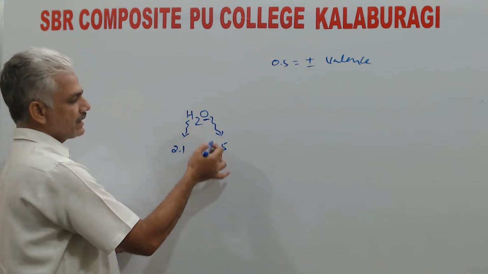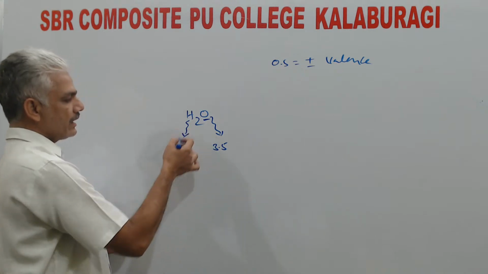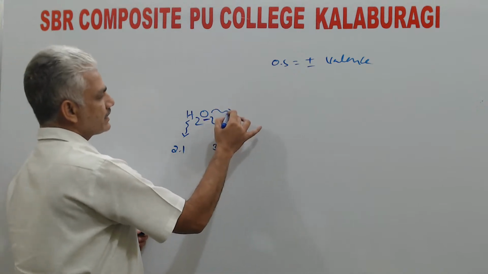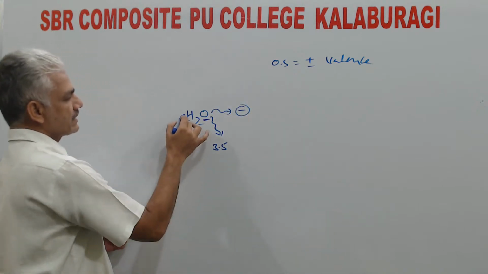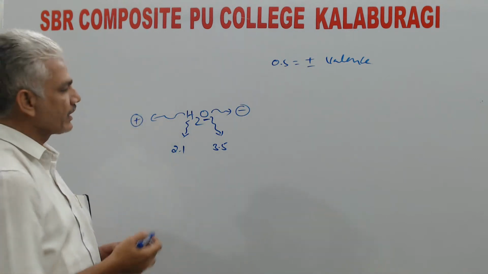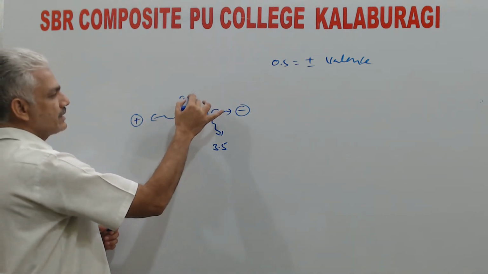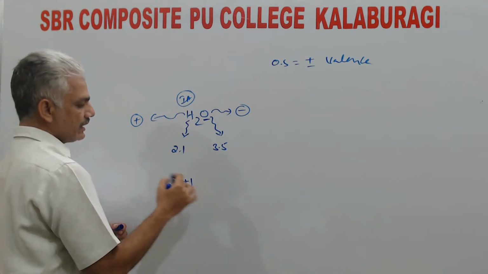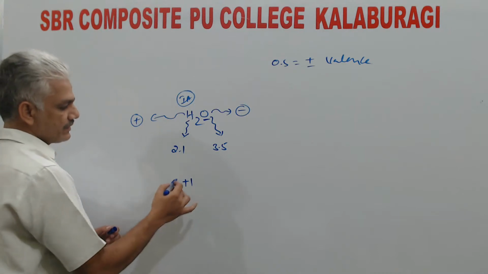That means oxygen has a higher electronegativity and hydrogen has a lower electronegativity. Therefore, oxygen will have a negative oxidation state, while hydrogen will have a positive oxidation state. Hydrogen belongs to first A group, therefore each hydrogen will carry plus 1 unit of charge.